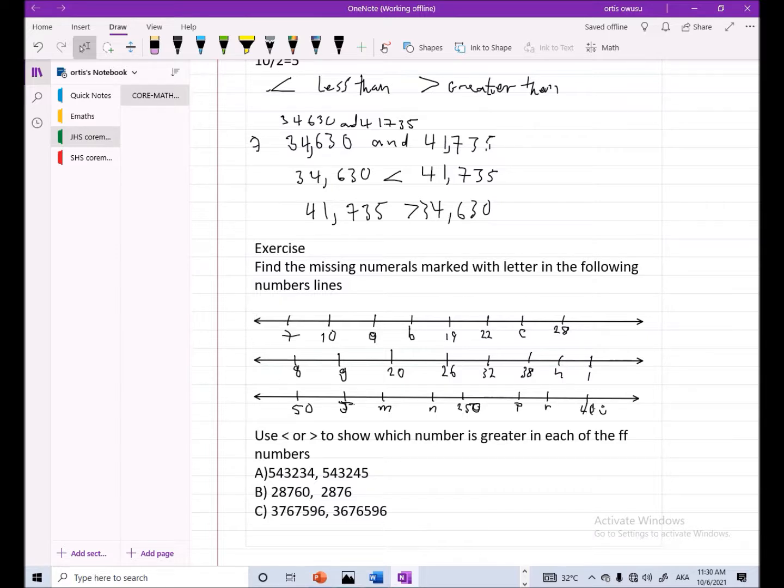So we make A. We make B. Then we make C here.